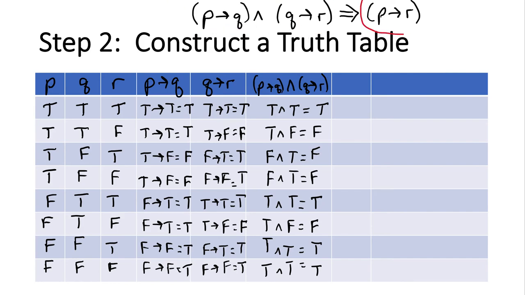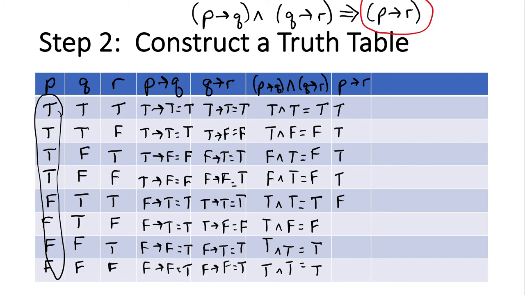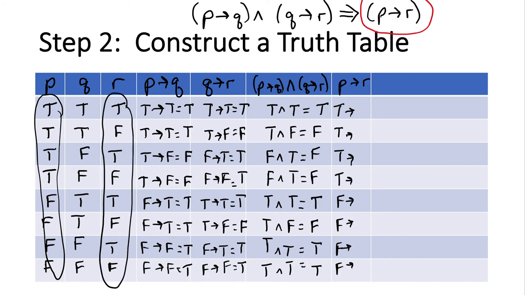So now we'll move on to the right-hand side. So I need to do P arrow R. So again, we'll copy the P values down. So we have 4 trues and 4 false values. We'll put our symbol in between, which is the arrow. Then we'll do our R values. So we'll copy the R values down.